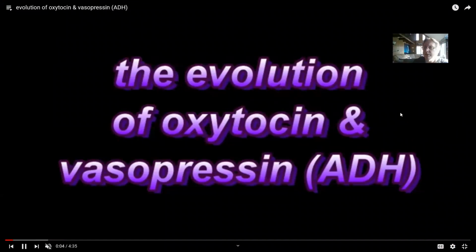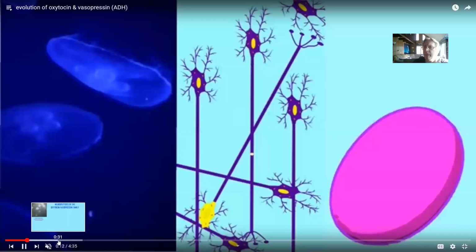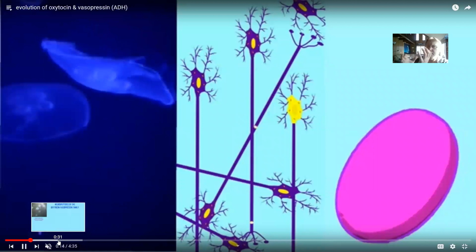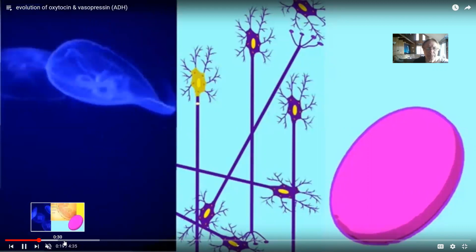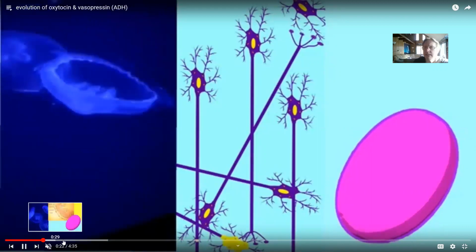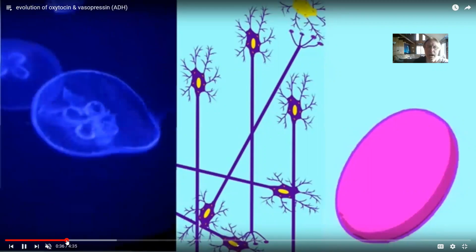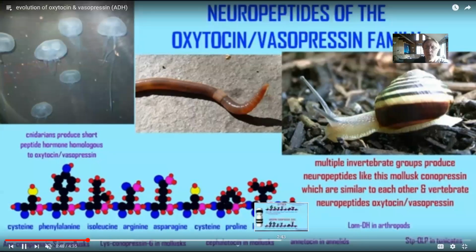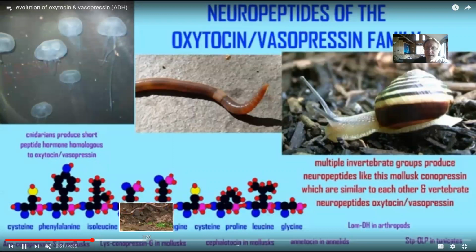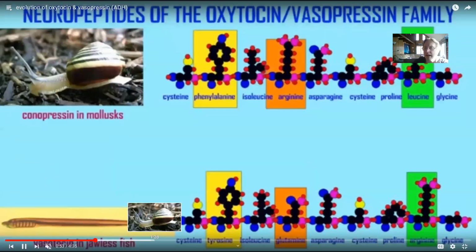But you go back to jellyfish, and jellyfish have a version of this hormone. And so before one gene split to become oxytocin and vasopressin, there was a common ancestral hormone. And so lots of animals are making this neuropeptide, which has about the same structure, has some invariant amino acids, that has diverse roles, but many of the roles involve causing muscle contractions, often affecting the urinary or reproductive systems.